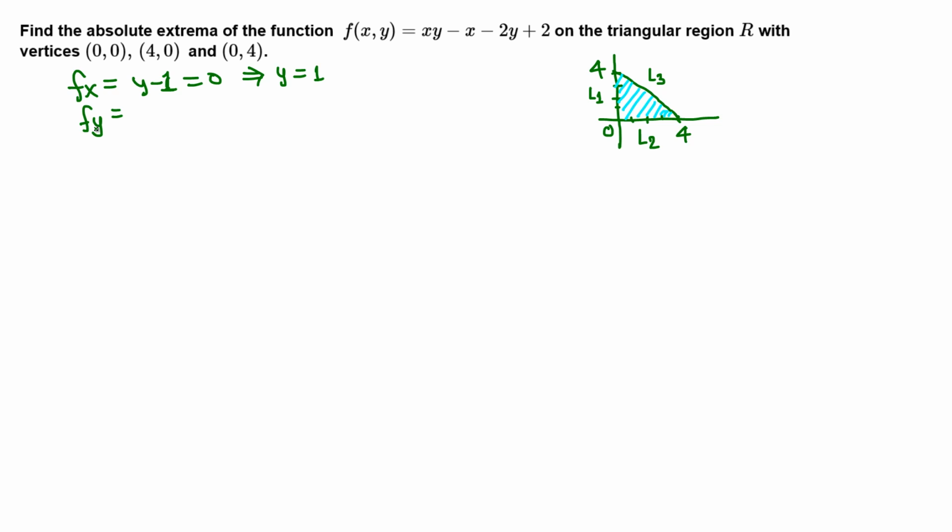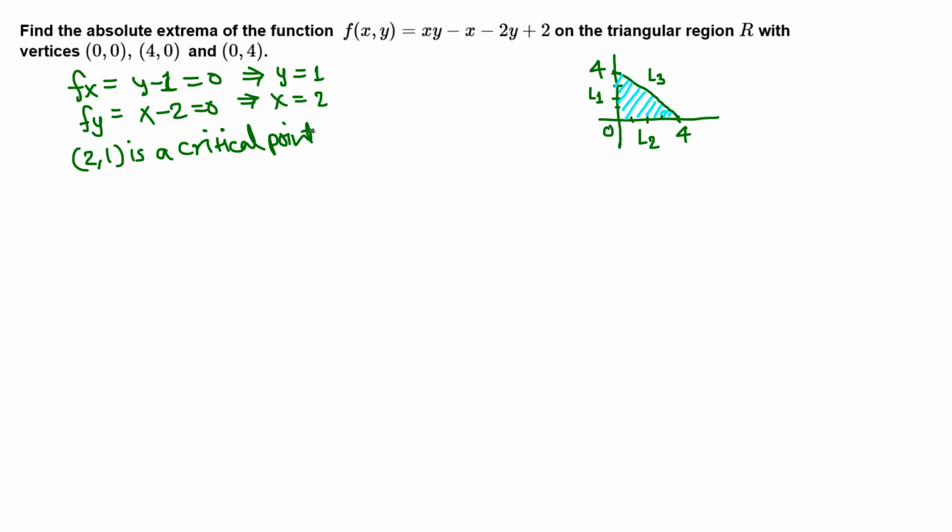Similarly, the partial derivative with respect to y is x minus 2, and we set this equal to 0 as well, that gives x equals 2. So we have (2, 1), which is a critical point.